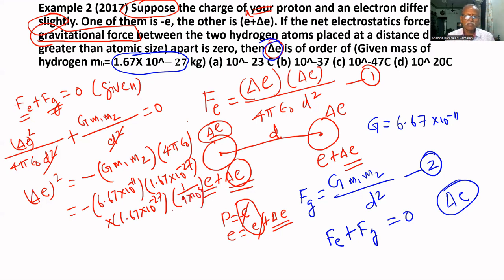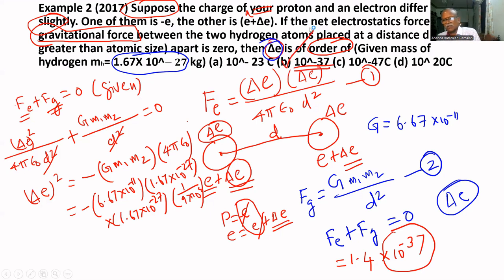If you multiply all these together and take the square root, what you get is 1.4 into 10 power minus 37. Delta e is in the order of means you can tell this part alone. It is in the order of 10 power minus 37. Therefore, B is the answer. It will be in the order of 10 power minus 37.